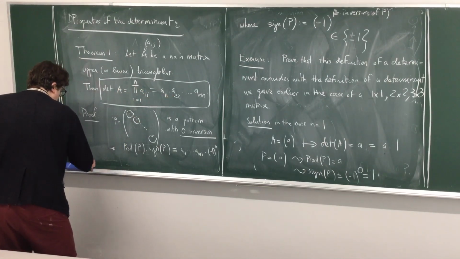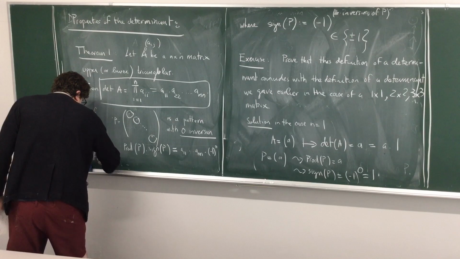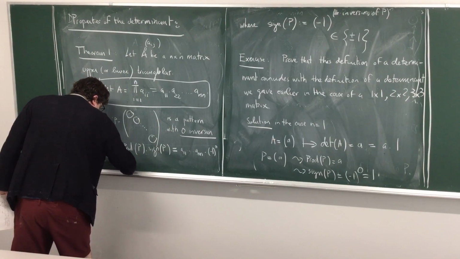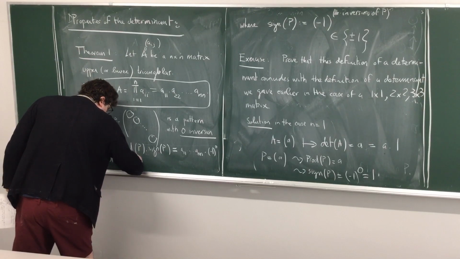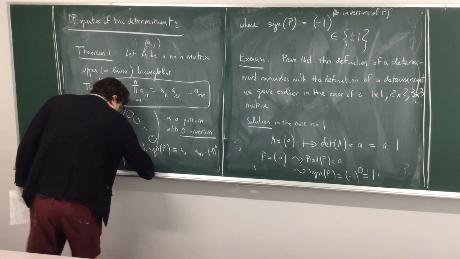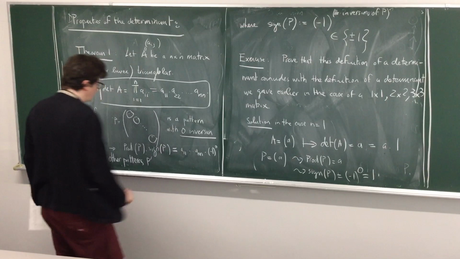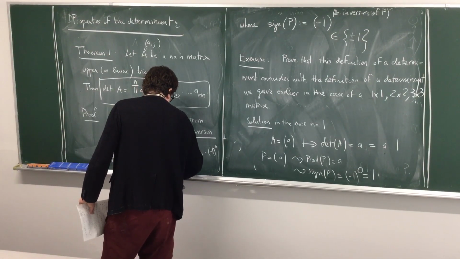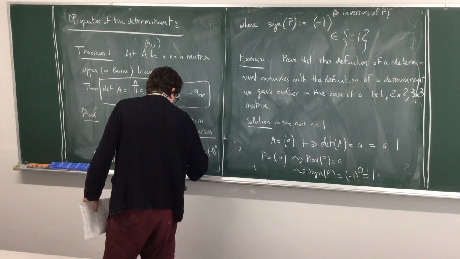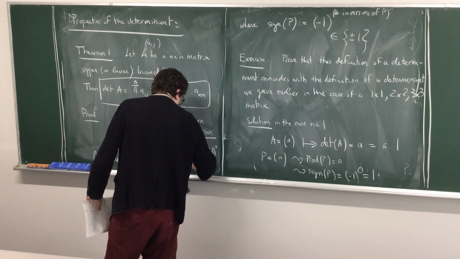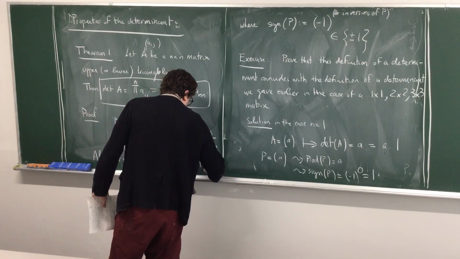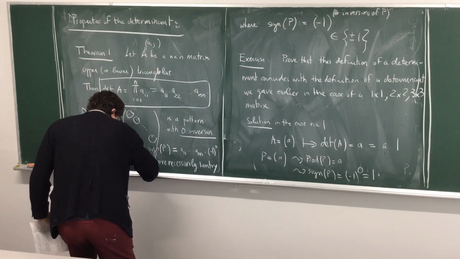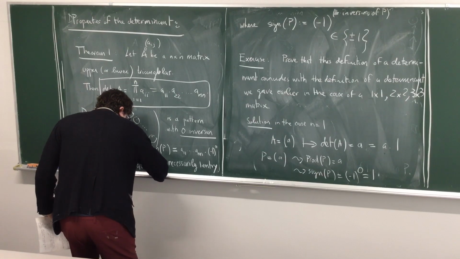And now you need to conclude. If you take any other pattern, so all other patterns, let's call them P prime, they necessarily have one entry equal to 0.